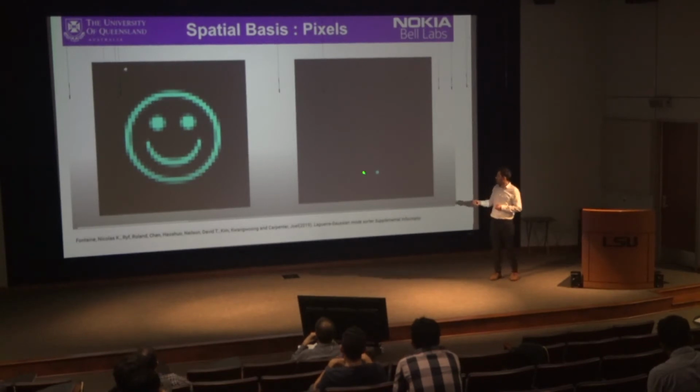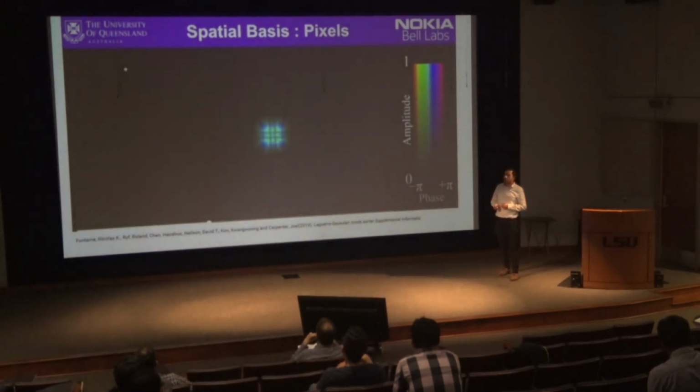This smiley face is composed of many of these pixels. But if you were to propagate this pixel, this supposed fundamental block actually diverges, so it's not shape invariant. So it might not be the fundamental basis of this problem.